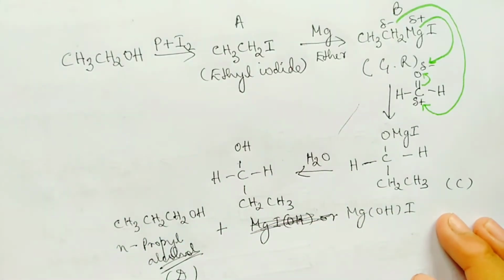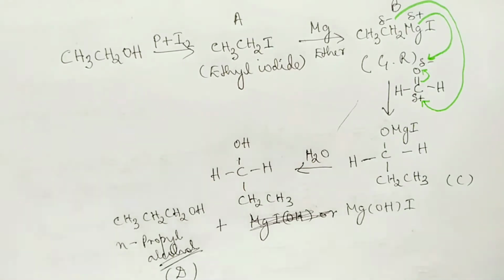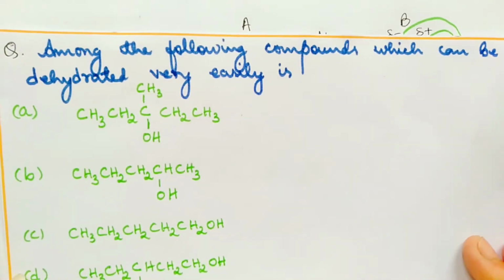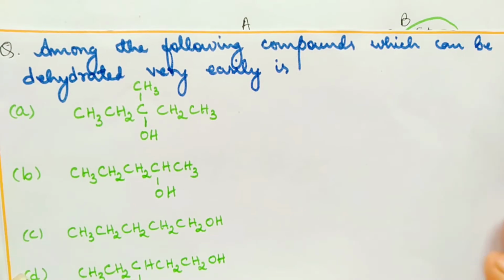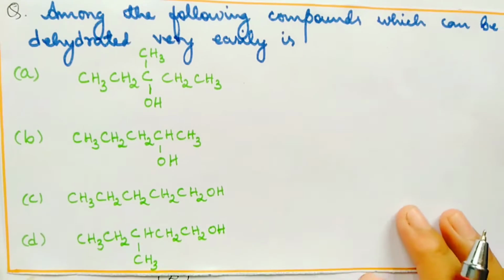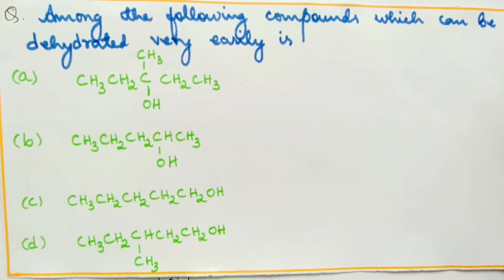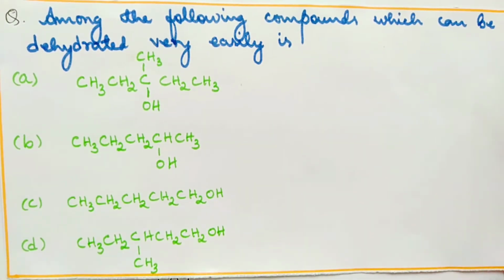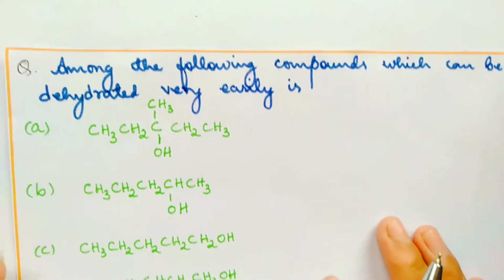Next, see here, among the following compounds, which can be dehydrated very easily? So you have to choose the correct answer. Here you have to know the stability of carbocation. What do we know?